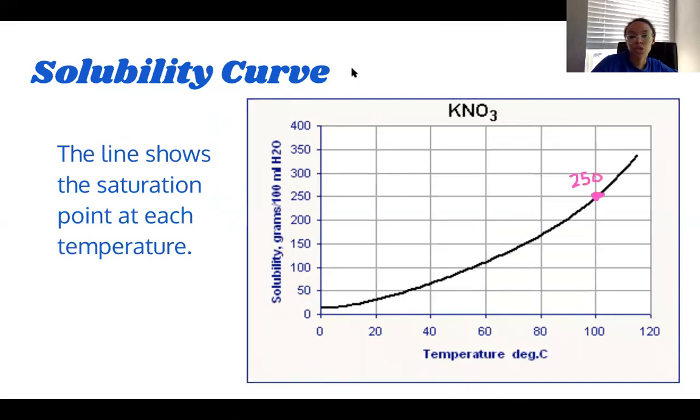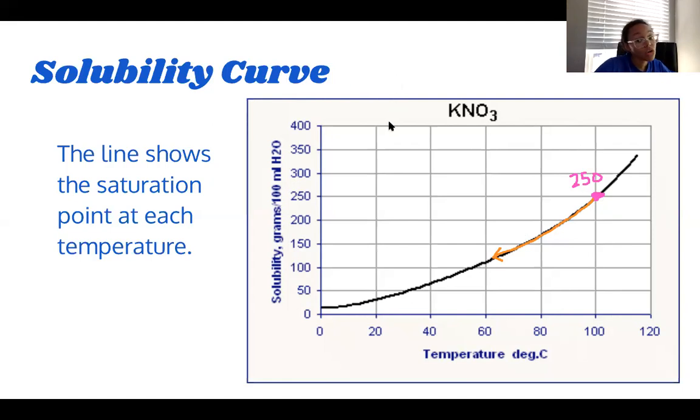Option 1, which we just talked about, is when things cool down, they follow the solubility curve and become a saturated solution at their new temperature, and all the extra grams get kicked out.